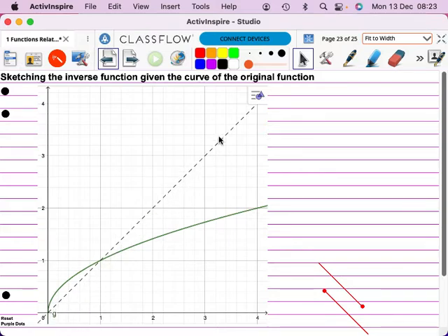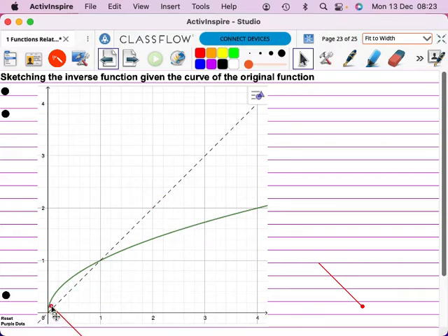Now, once we've drawn the y equals x line, that becomes the mirror line for the transformation. What we're going to do now is draw a series of transformation lines. In order to get the inverse, we're going to reflect the curve in the y equals x mirror line.